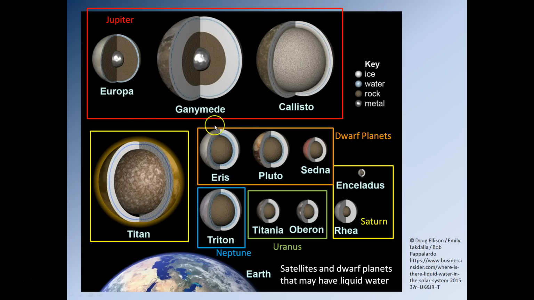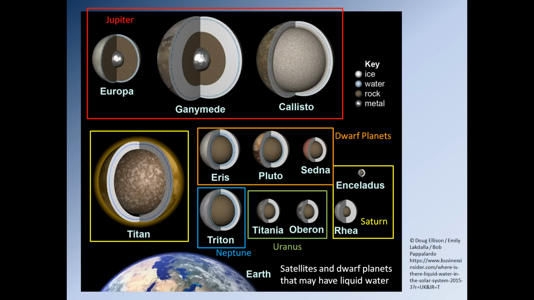And so, dwarf planets like Eris and Pluto, and moons like Triton, which appear to have large, thick ice sheets with layers of water in contact directly with the rock below, provide very, very good environments in which we could, in theory, have black and white smokers, which would provide the basic environmental setup for life to begin. And so people have suggested that these satellites, these dwarf planets, actually represent a very good possibility for the formation of simple life.